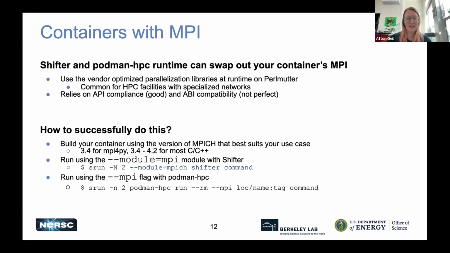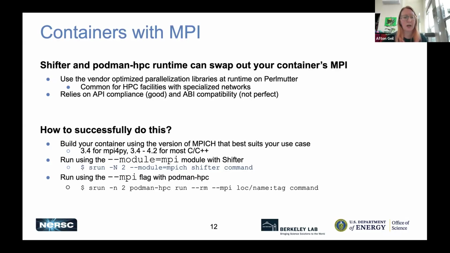Something pretty important for a lot of our users is to be able to use MPI with your containers. For HPC systems, to get the most performant MPI, you're going to want the vendor optimized libraries, and that might not necessarily be what comes with your base image.